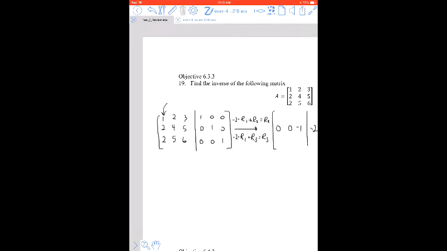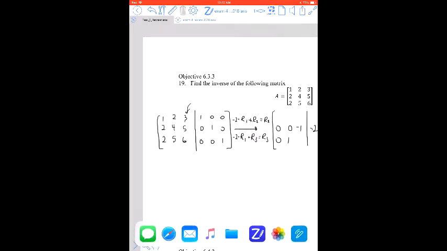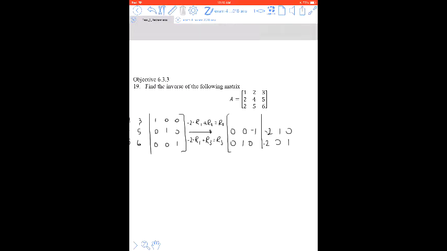So going back to here, negative 2 times 1 is negative 2, negative 2 plus 2 is 0, and now to here, negative 2 times 2 is negative 4, negative 4 plus 5 is 1, and then to there, negative 2 times 3 is negative 6, negative 6 plus 6 is 0, and to here, negative 2 times 1 is negative 2, negative 2 plus 0 is negative 2, to here, negative 2 times 0 is 0, 0 plus 0 is 0, and then to here, negative 2 times 0 is 0, 0 plus 1 is 1.